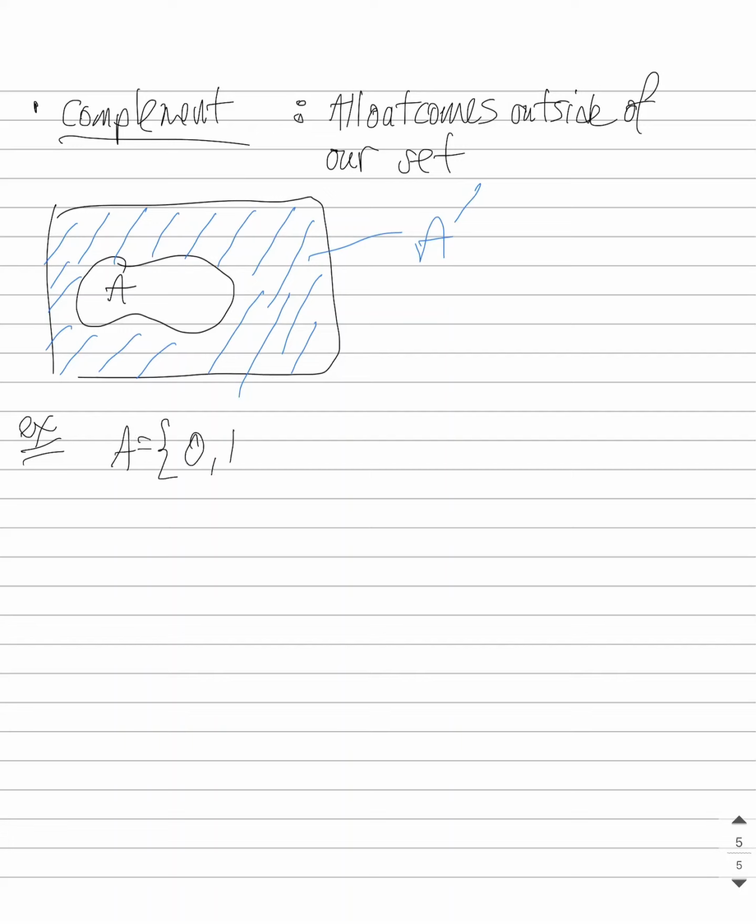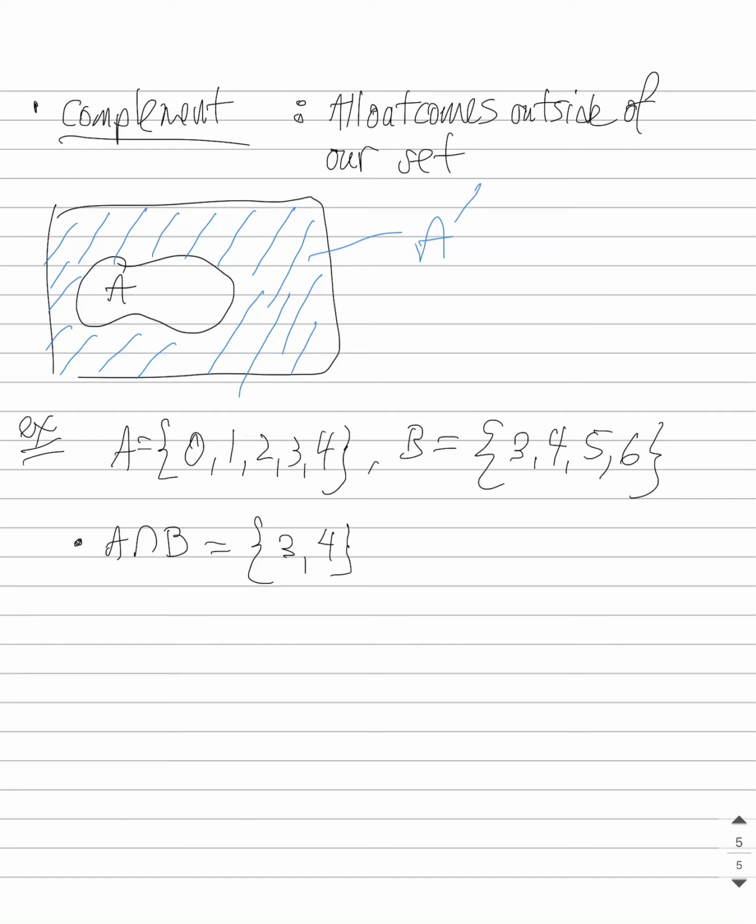So we'll say 0, 1, 2, 3, 4, and we'll say set B is 3, 4, 5, 6. If I were to ask for A intersect B, I would be asking which numbers or which elements live in set A and in set B. Which ones are common to both? And just a quick scan shows that 3 and 4 are the only common elements.